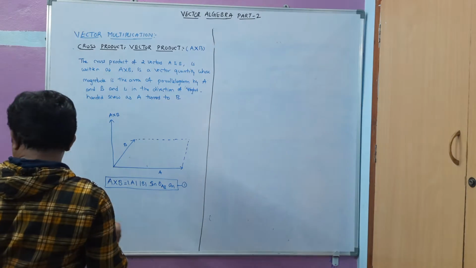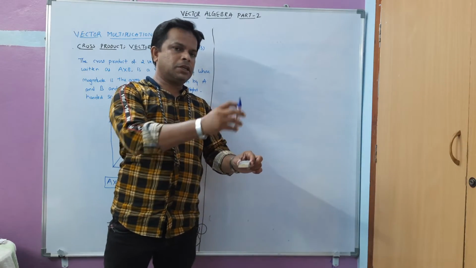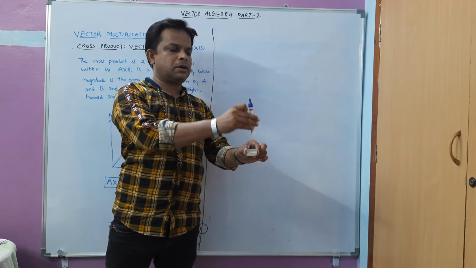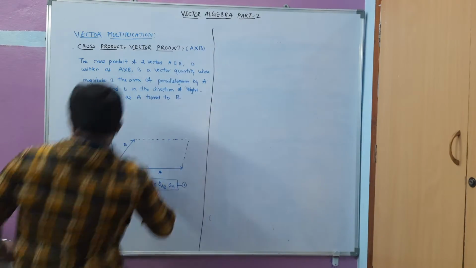Suppose this is the surface which A and B contain, so the unit normal vector will be like this, perpendicular to this surface.